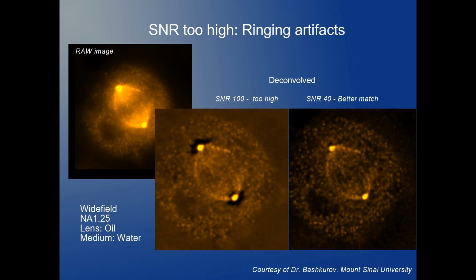I needed to boost the contrast in order to see this, but in the high SNR case you can see that there is some kind of strange signal loss around the bright areas in the image, which are artifacts, because it's not realistic that the signal suddenly drops down to zero in this case.